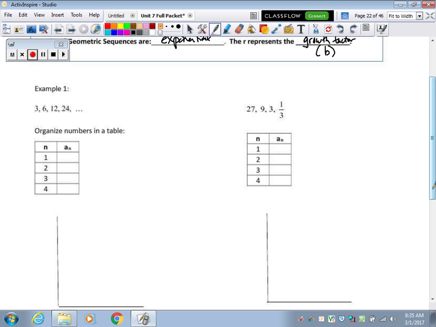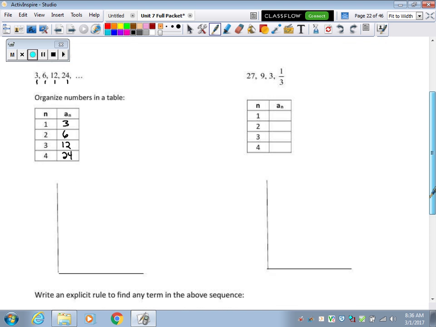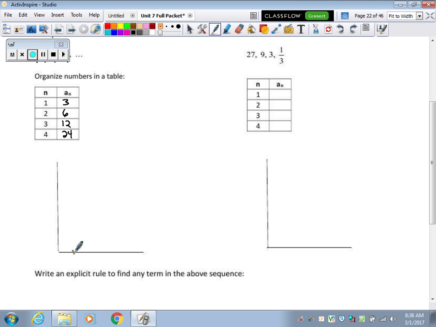Okay, so here's an example. If I were to orient these numbers vertically, 3, 6, 12, 24, and I were to make a graph of it, with n along the bottom, 1, 2, and up the side 3, 6, 9, 12, 15, 18, 21, 24.